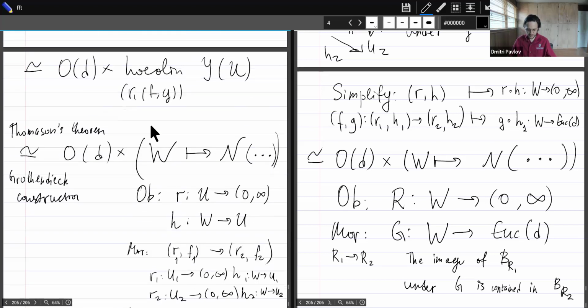Well, Thomason's theorem simply shows that the homotopical limit of a diagram of sets or categories can be computed as its Grothendieck construction. How is everybody? Is everybody lost by now, or totally confused? Not totally confused?